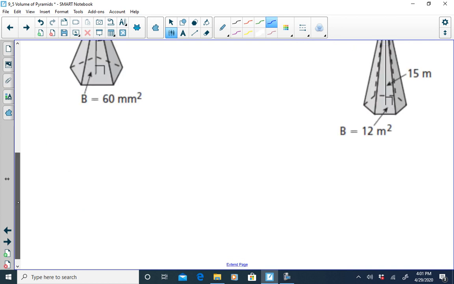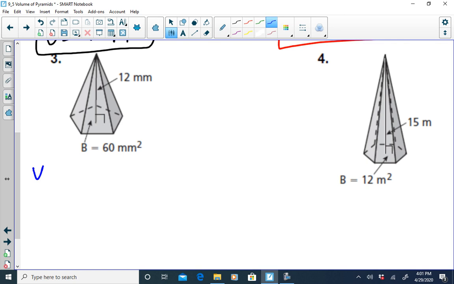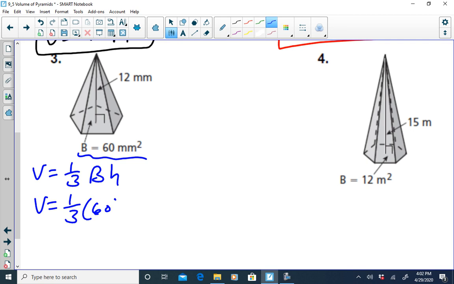All right. Volume's going to be 1/3 base area times the height. We're given the base area this time, right? We're given capital B. That's going to be 60. The height's going to be 12. So the volume's going to be 1/3 of 60 times 12. And that's going to be, what's that going to be? 240.